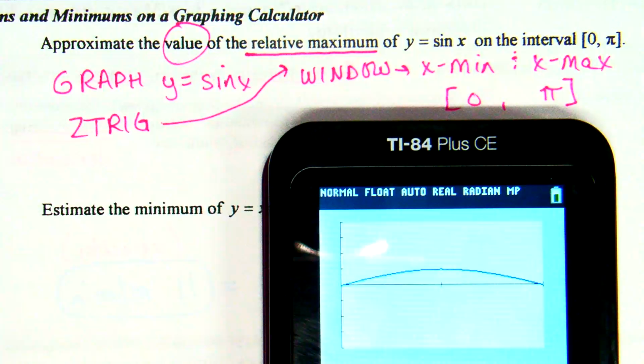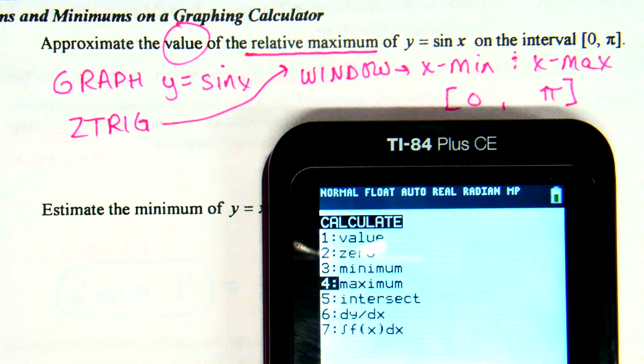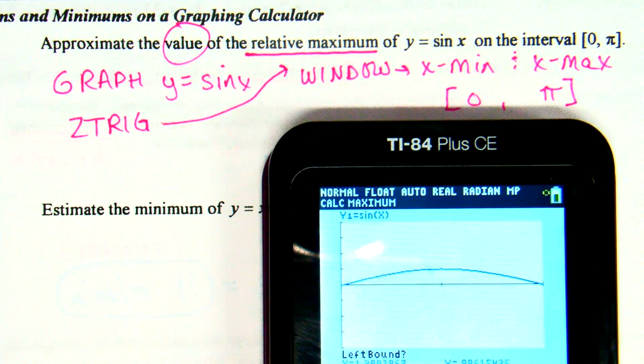You should just have one big curve going from 0 to pi, yes? How do we find the relative maximum? Just do trace. You can do trace, more precisely though than trace. Second calc, max, which is number 4. Remember, set a left bound, a right bound. You can go back and give a guess.